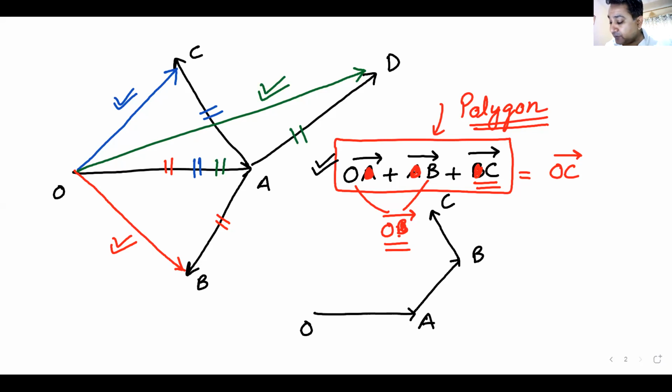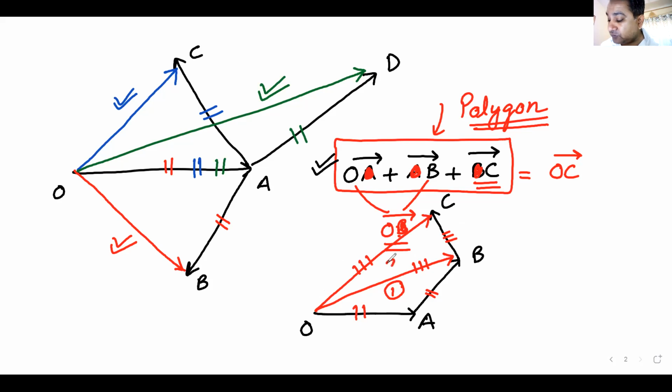Now I'll draw. First I will add OA vector with AB vector, and I will get what? I will get OB vector. Am I clear? Deepak, I have used triangular law number 1. Now I will add OB vector with BC vector, and I will get OC vector.